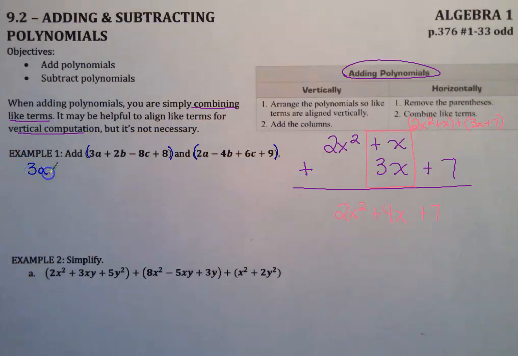So we've got 3a plus 2b. Notice I'm putting the operation with the term, minus 8c plus 8. Okay, I'm spreading it out a little bit just so I can have all my terms in there. So then my next one, I'm going to add 2a minus 4b plus 6c and plus 9.